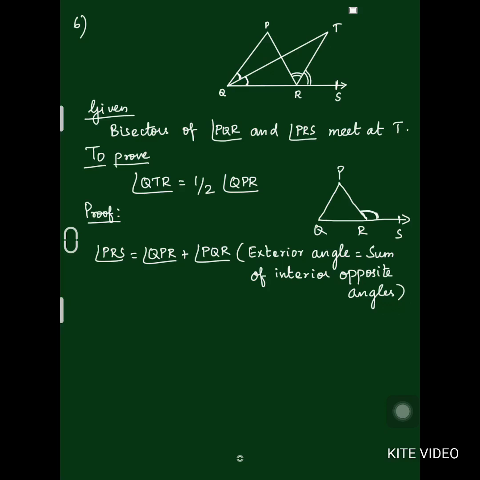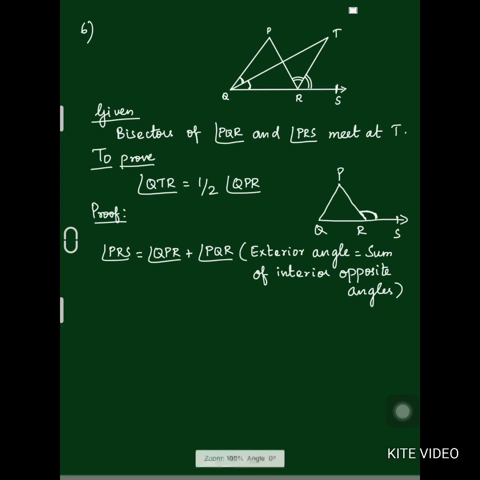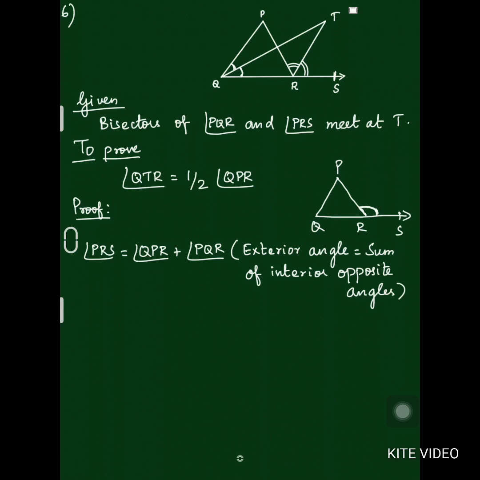So, can I write PRS as 2 times TRS, because PRT and TRS are both equal, and if I add PRT and TRS I get PRS. PRS is nothing but PRT plus TRS. Since both are equal, I am replacing PRT with TRS. So, TRS plus TRS is equal to 2 times TRS.